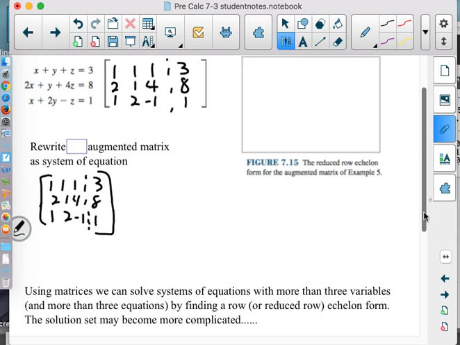And I'm looking at this and thinking, well, row 1 and row 3 both have really nice numbers, but row 1's already there, so why not just go ahead and use row 1? So what would you do first? Pick something that's going to get us some zeros, times -2 and add it to row 2.